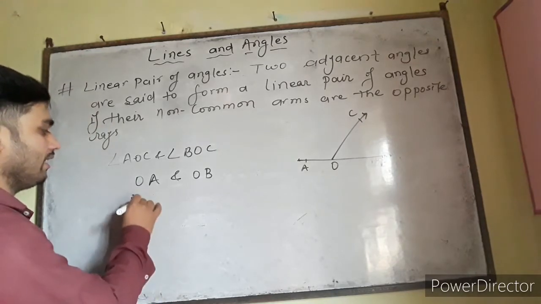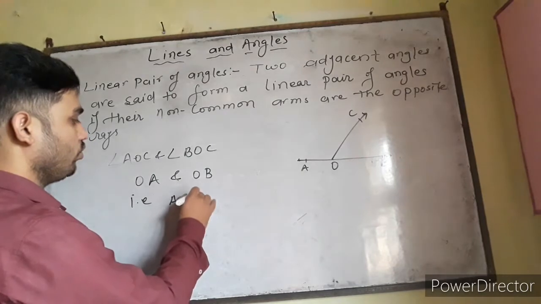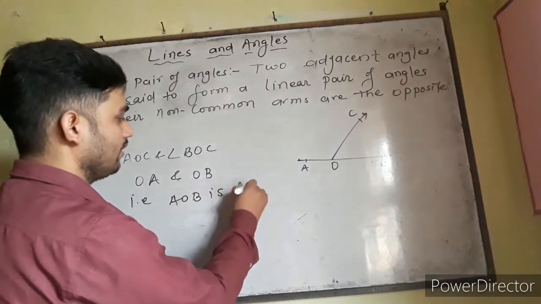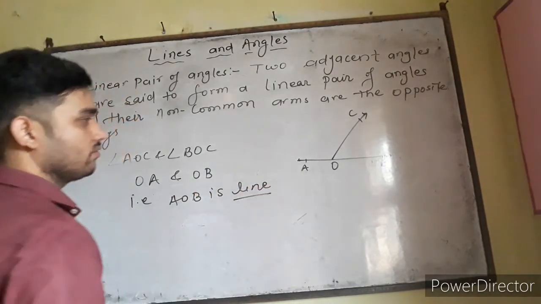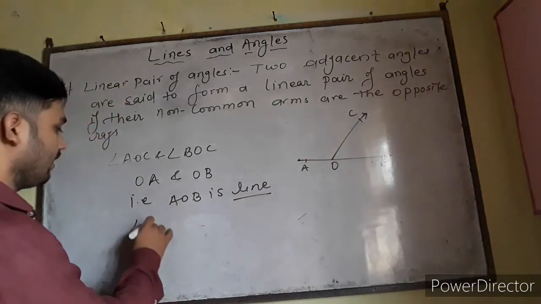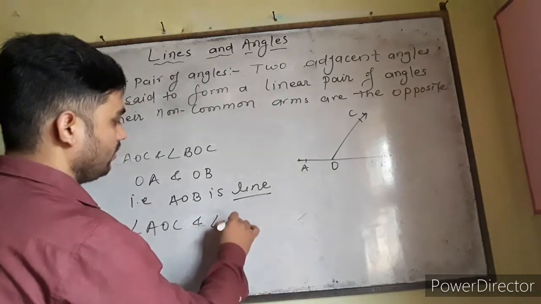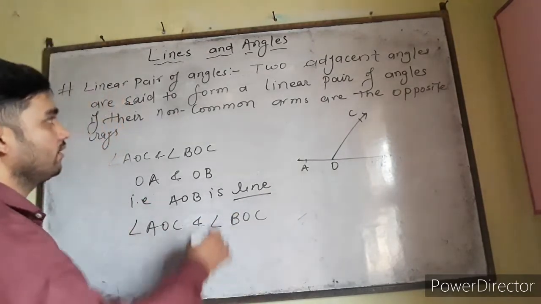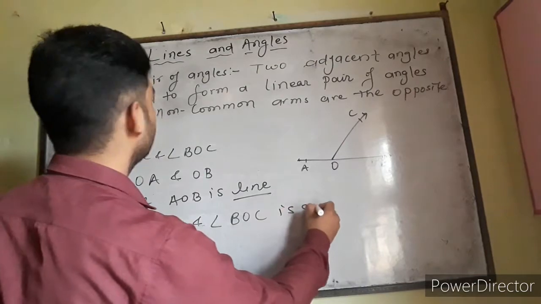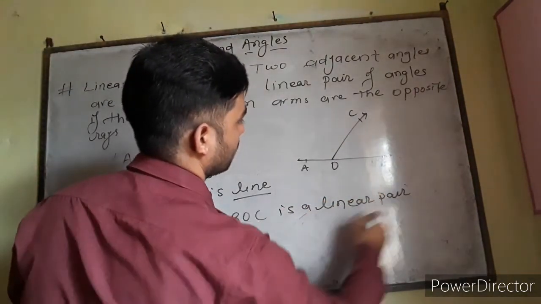So AOB is a line. So we can say angle AOC and angle BOC are a linear pair of angles.